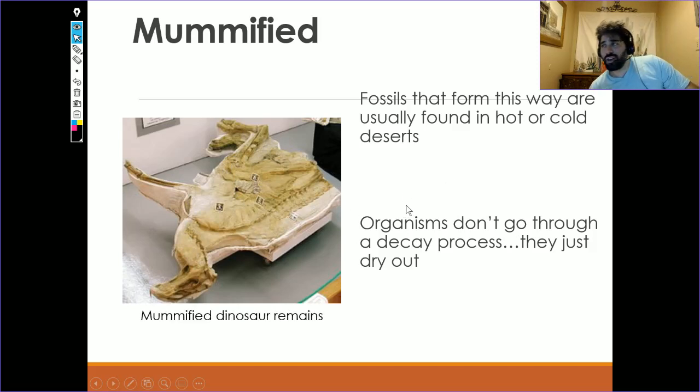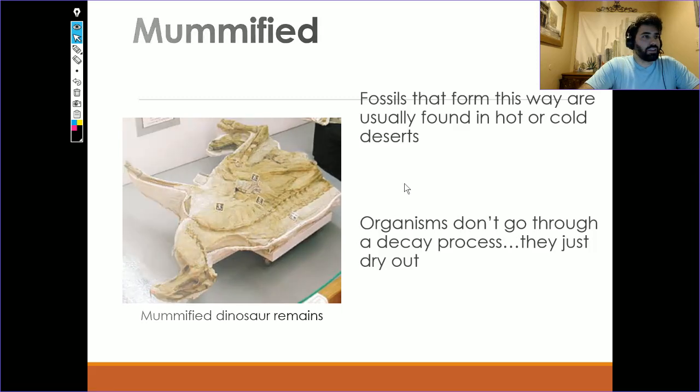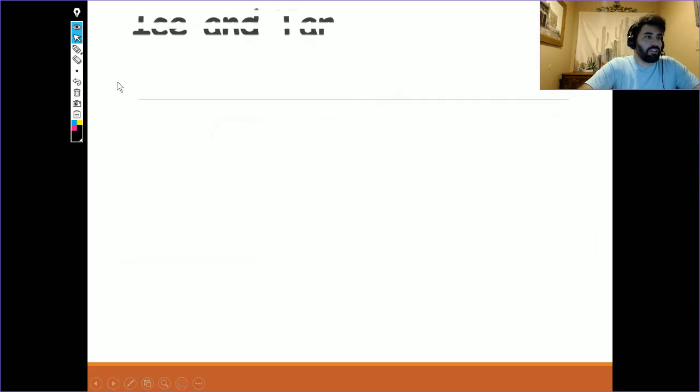But it has to happen under other very serious conditions as well. For example, lack of oxygen has to be there. Oxygen corrodes things, it decays things. So lack of oxygen should also be part of that.